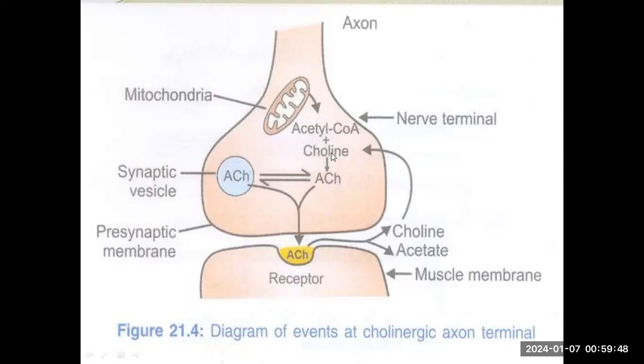Choline goes back into the nerve terminal of the axon, and combines with acetyl coenzyme A and makes acetylcholine, and this process keeps on going. So this diagram is actually showing the events of a cholinergic axon terminal.